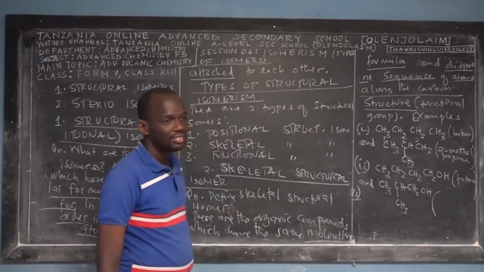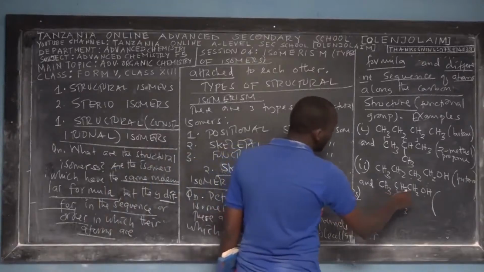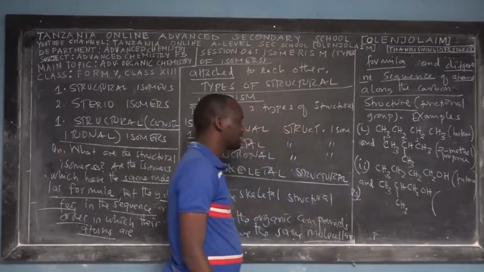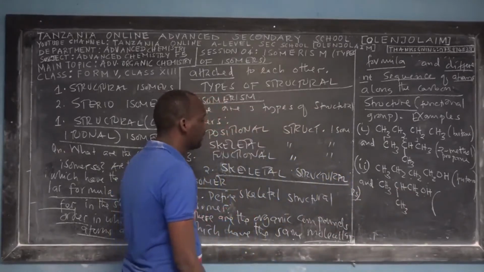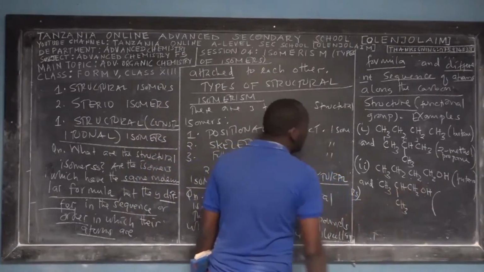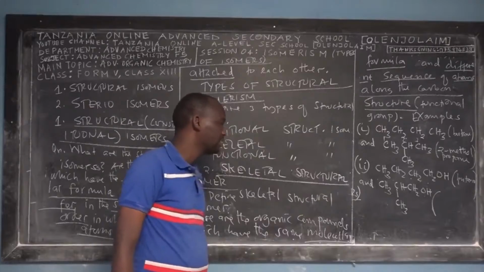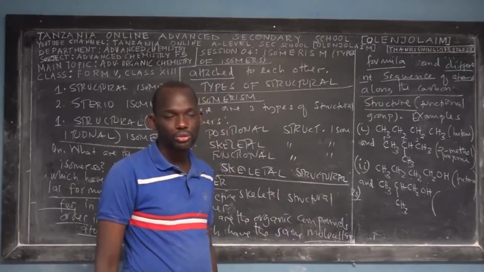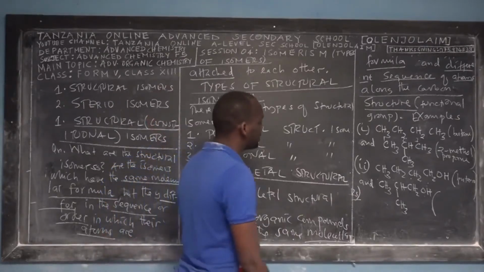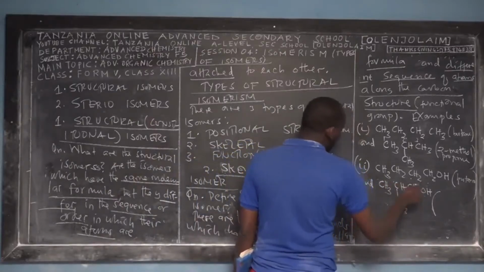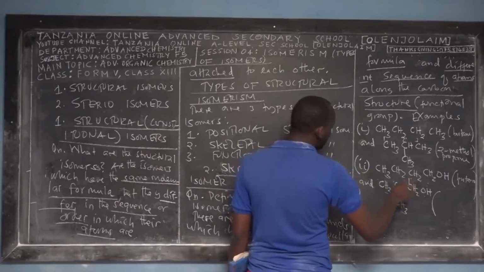The distance is kind of the same, but remember the preference you have to take here is the carbon which carries the functional group, which is OH. So we can start from 1, 2, 3, and 1, 2, 3, but this is preferred because it contains the OH group.